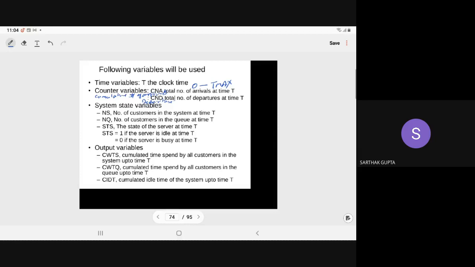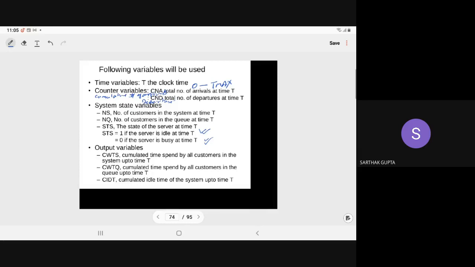NS stands for the number of customers in the system at time T. NQ stands for the number of customers in the queue at time T, and STS denotes the state of the server at time T. The server can be in two states, either busy or idle. When the server is idle, we say STS is equal to 1. When the server is busy, we say STS is equal to 0.